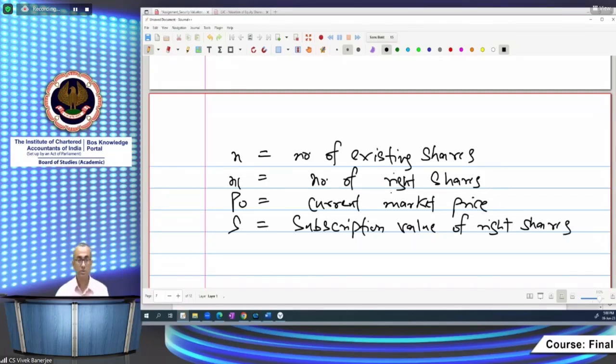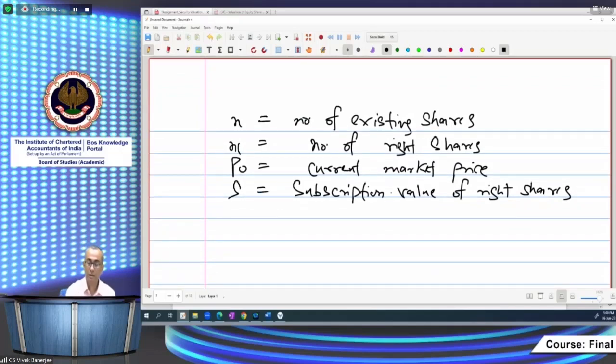So let us put the values into the formula. Ex-right price is equal to NP0. First, we multiply the existing shares, 10 lakh shares, by the current market price given in the question, which is rupees 13, plus the subscription value of right shares.